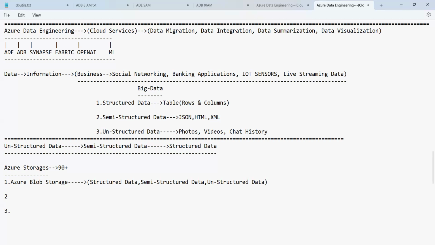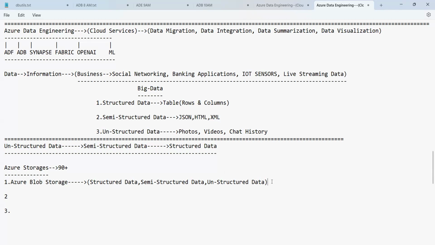The Azure Blob Storage is a very basic storage, guys, which can store any kind of data, whether it is structured, semi-structured, or unstructured.